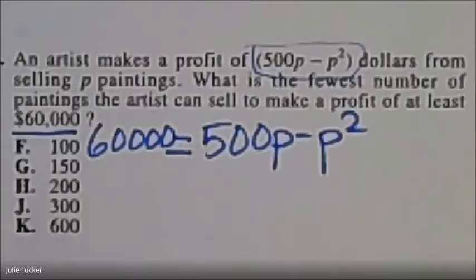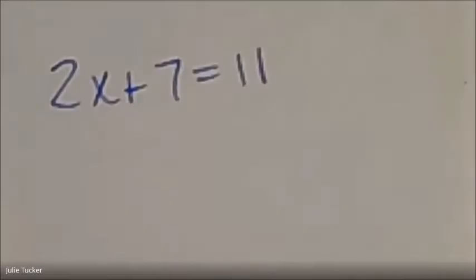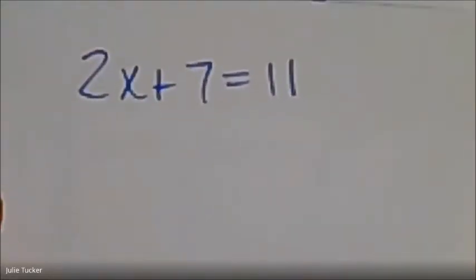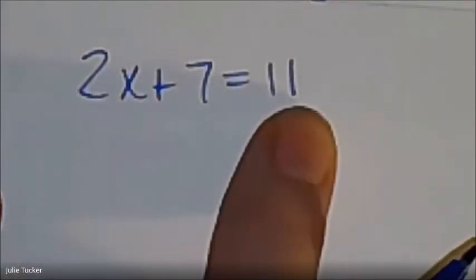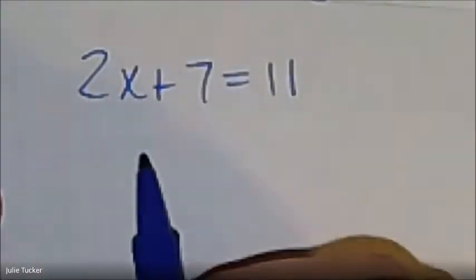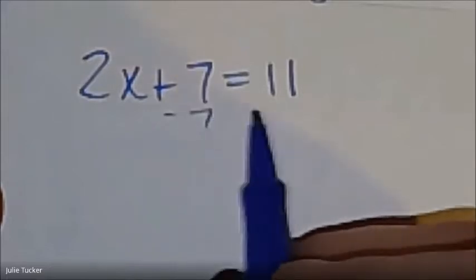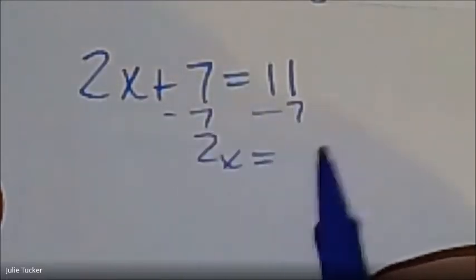So I want you to stop for a second and think about something. When you solve equations, if the equation looks like this, that's a linear equation. And with a linear equation, you always get all the x's on the left, right?